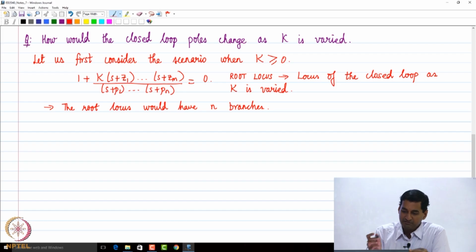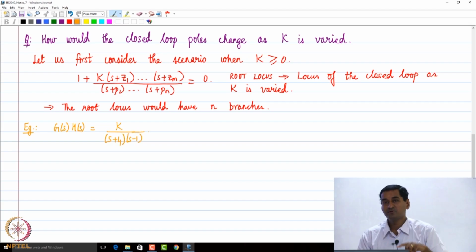Before we go into this process, let me take a simple example. Let's say I take G(s)H(s) equal to K divided by (s+4)(s-1), just to convey the point.